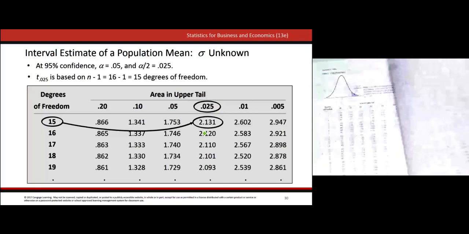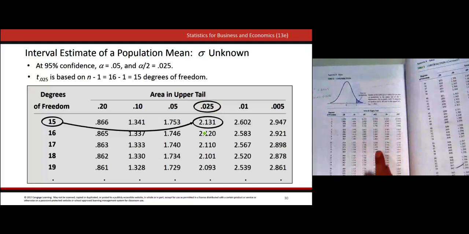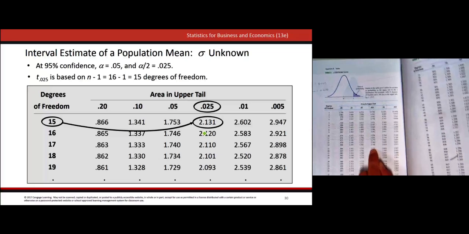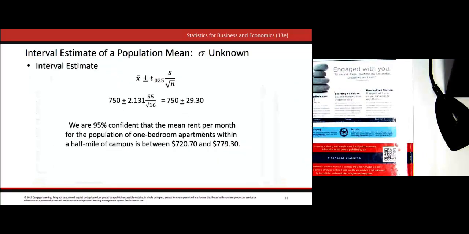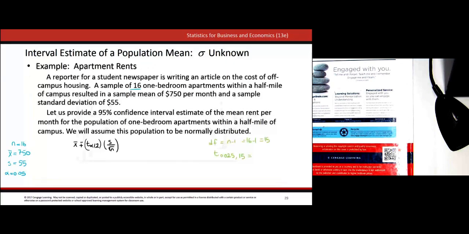You can look at here: 0.025, 15, 2.131. And x bar 750. This notation, t 0.025, means upper tail area 0.025 with 15 degrees of freedom.